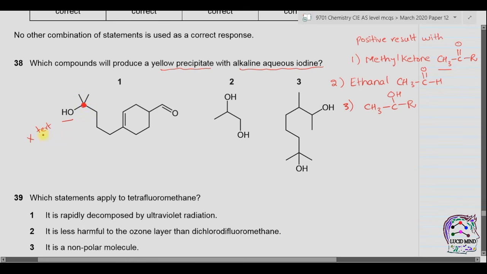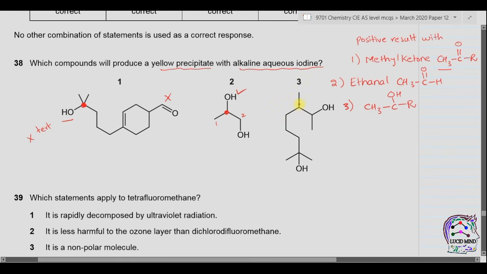So tertiary does not give a positive result. On the other side we have an aldehyde, which does not have any methyl group. So this is unable to give the precipitate. Let's see the second one. We have an OH group attached to this carbon atom and this carbon atom is further attached to 2 other carbon atoms, so it is a secondary alcohol. Yes, it can give a positive result.